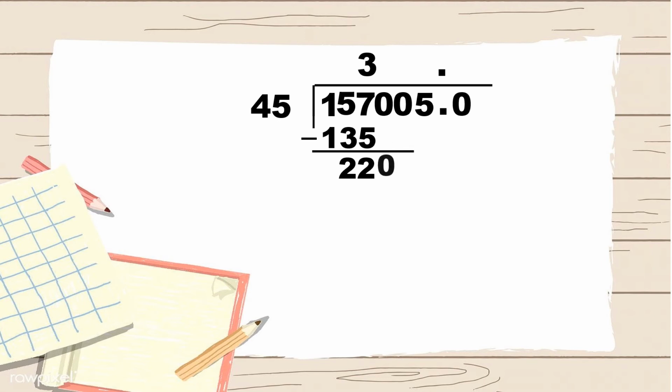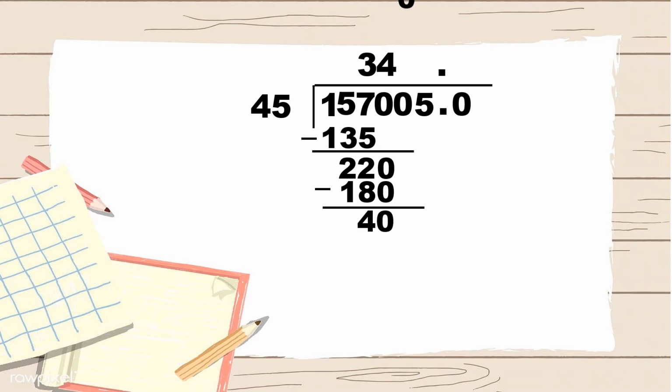Bring down 0. 220 divided by 45 equals 4. Then 4 times 45 equals 180. Subtract 220 minus 180 equals 40.